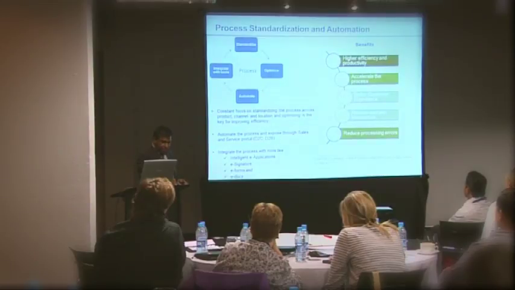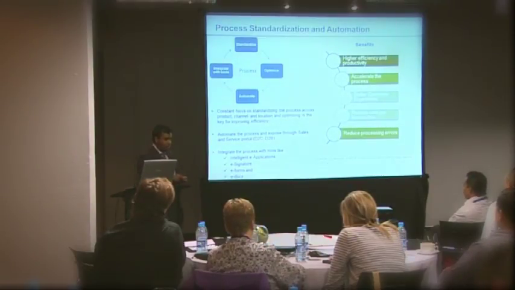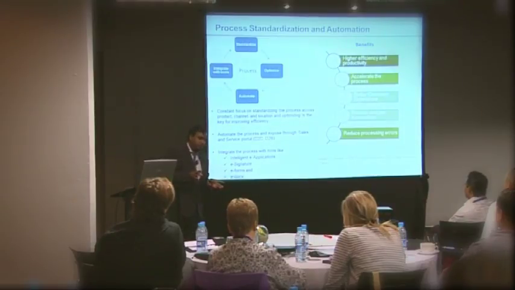Process standardization and automation. This topic and efficiency cannot be taken separately, because whatever technology levers there are have to follow the standardization of the process. What we are seeing in the trend is that a lot of insurers are trying to standardize the product, not just across products and channels, but across geographies as well.